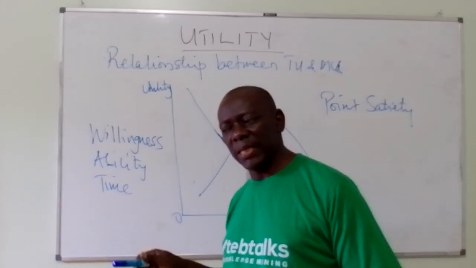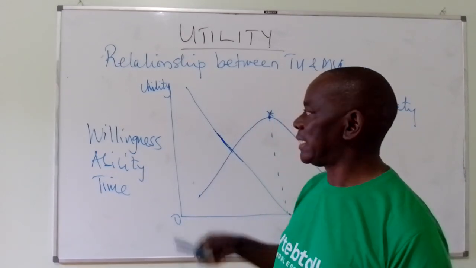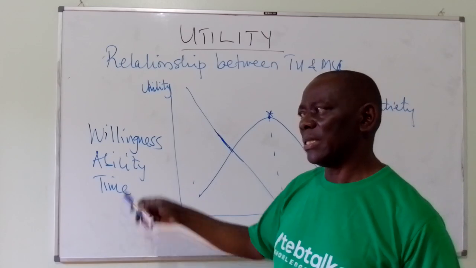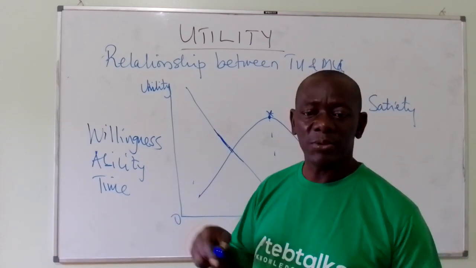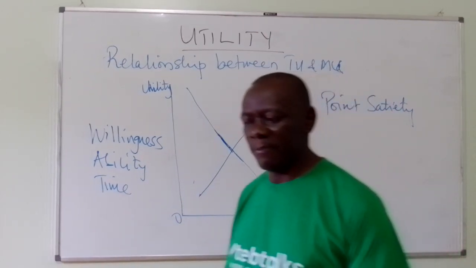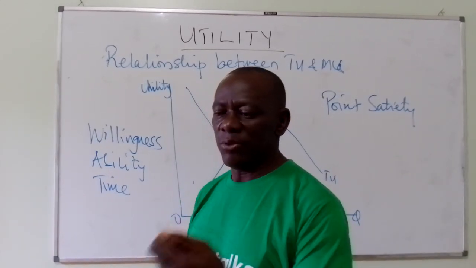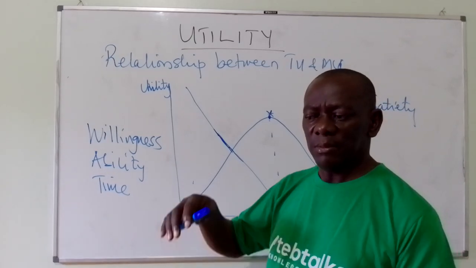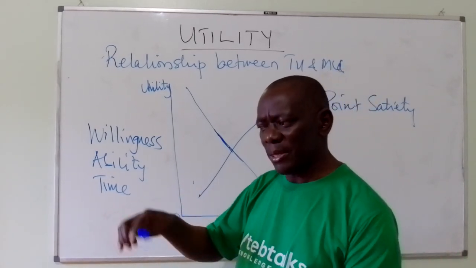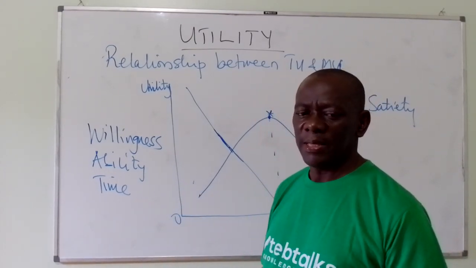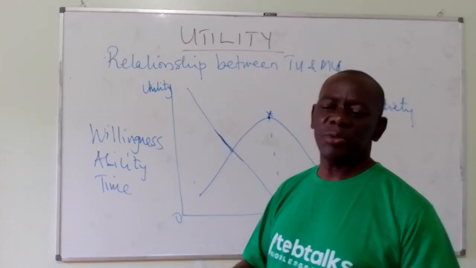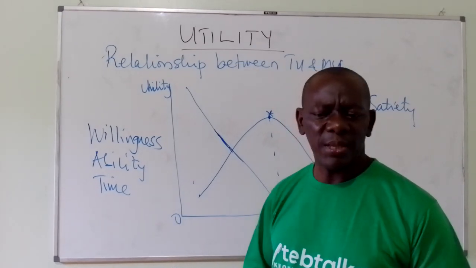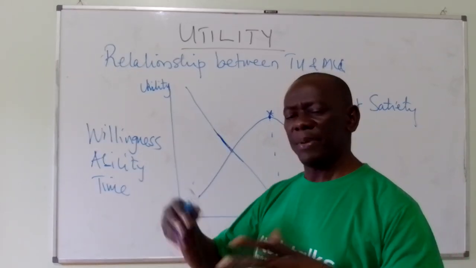But that willingness, what brings it about? It is the utility. Your behavior in the market is driven by the utility. What do you expect to gain from that product? Is it correlating with the price? If it is not correlating, you say, why should I buy it? Because it is not going to give me the good satisfaction I expect. I can't pay that much money.